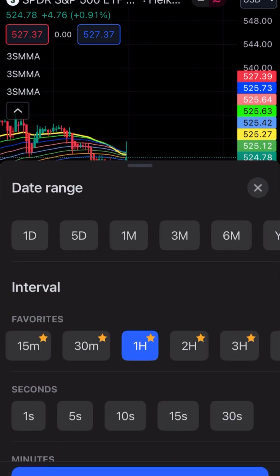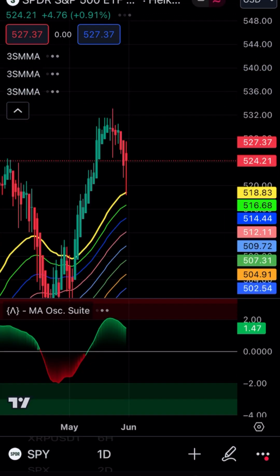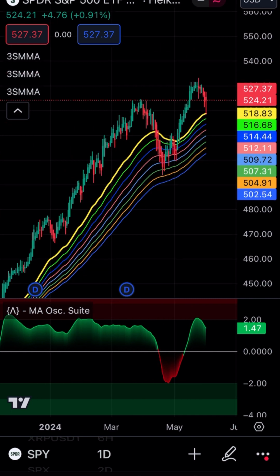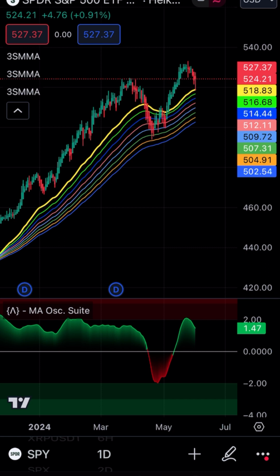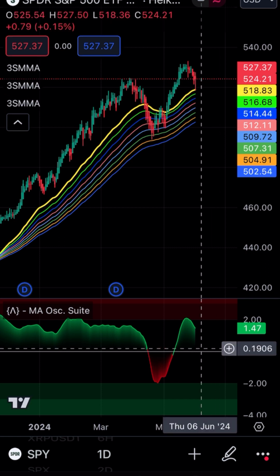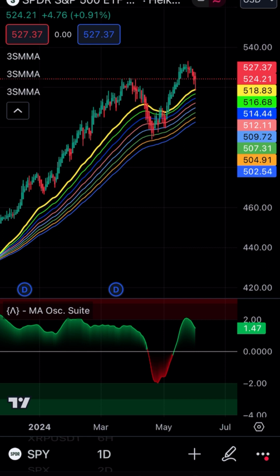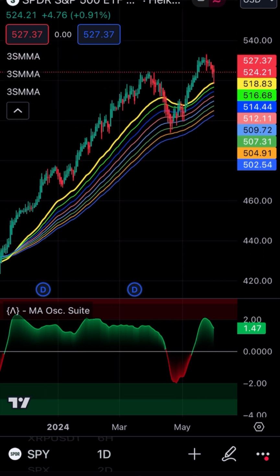Whatever asset you're looking at here, go to your day. Get an idea of what the overall trend is doing. And then if you missed the cross on the zero line here, you have to go to a smaller time frame and you have to focus on that time frame for every moment that it crosses in that correct direction that the asset is going.